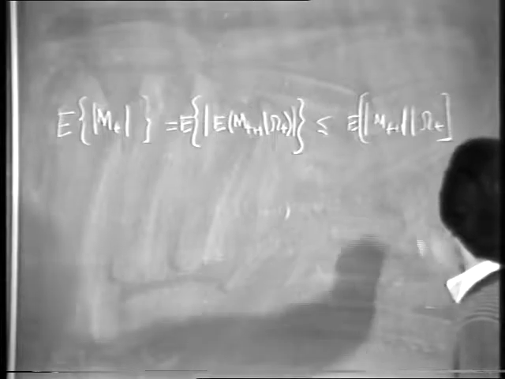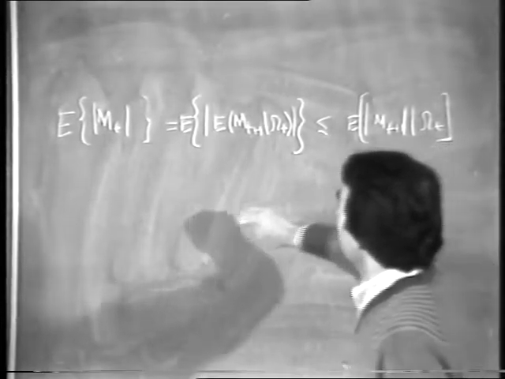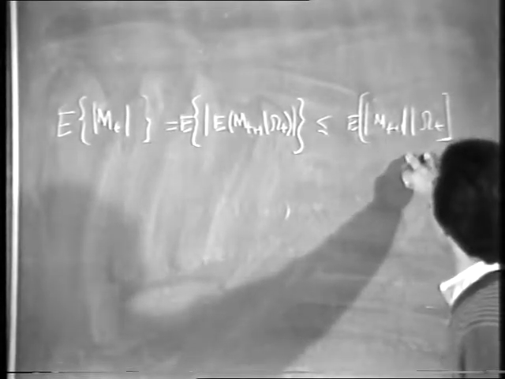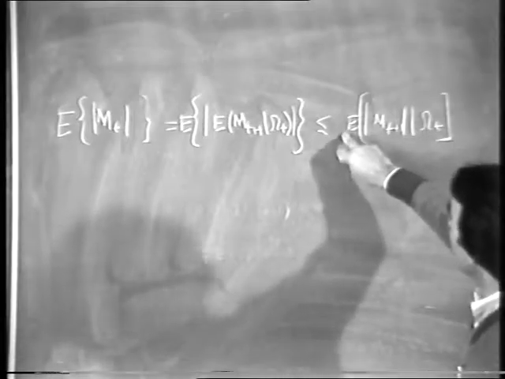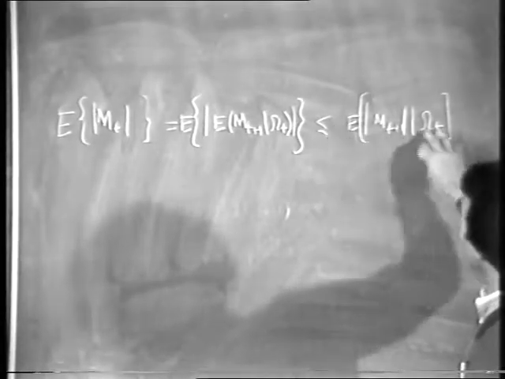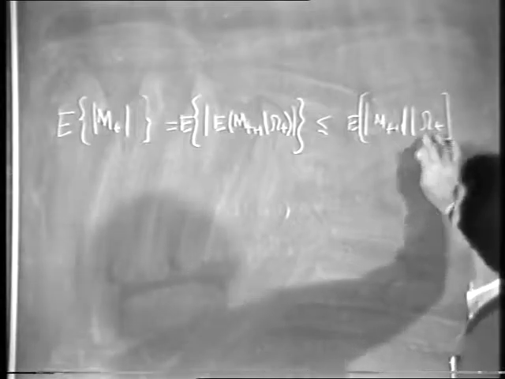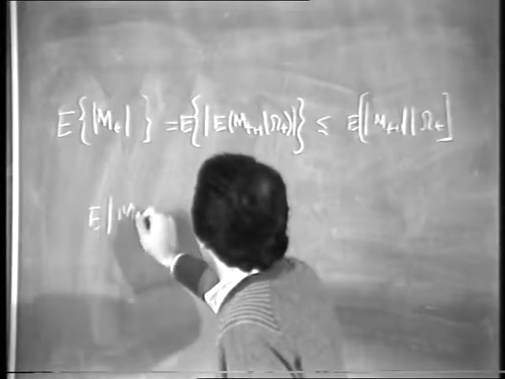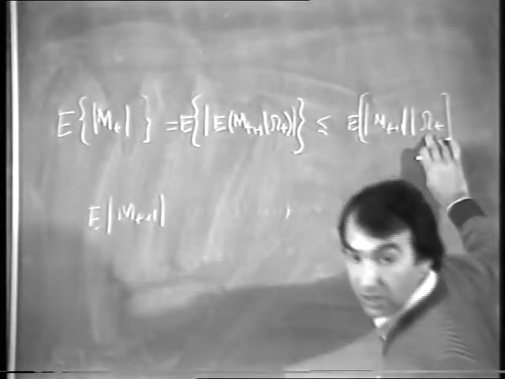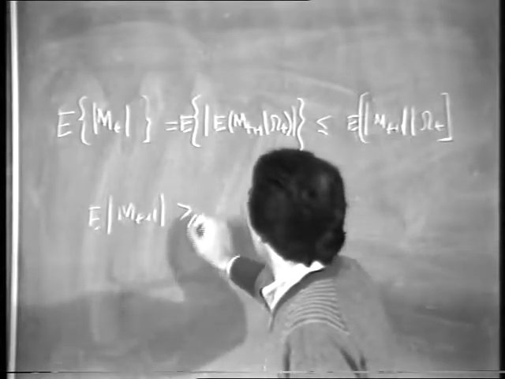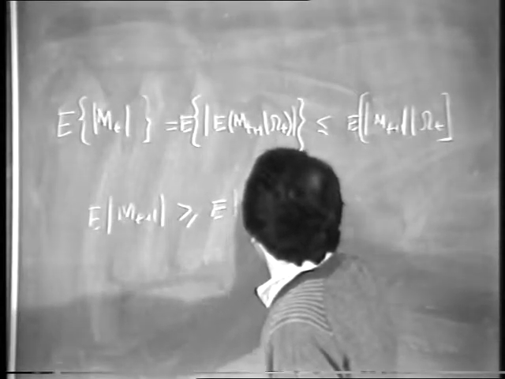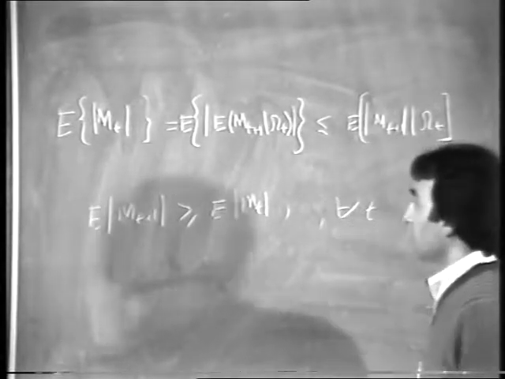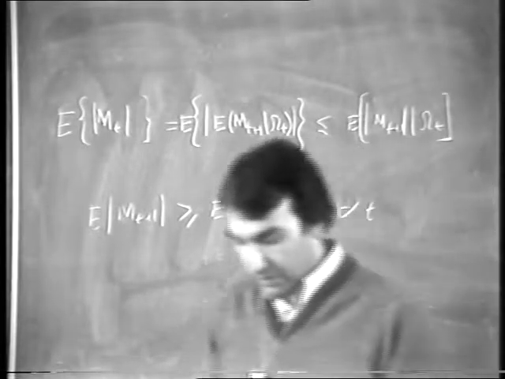Now, if we take the expectation of both sides of this inequality, remember when we take the unconditional expectation, the conditionality term drops out. So what we end up getting is that the expected value of the absolute value of m_{t+1}, the conditionality having dropped out, has to be larger than or equal to the expected value of the absolute value of m_t, which is what we wanted. Okay? So that is true for all t, since we did it for arbitrary t.